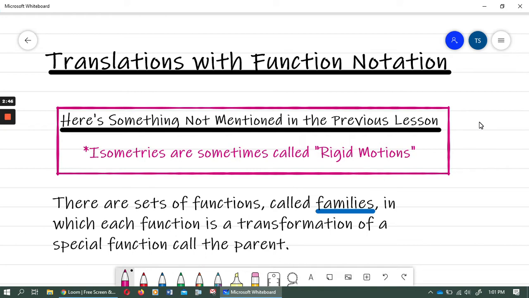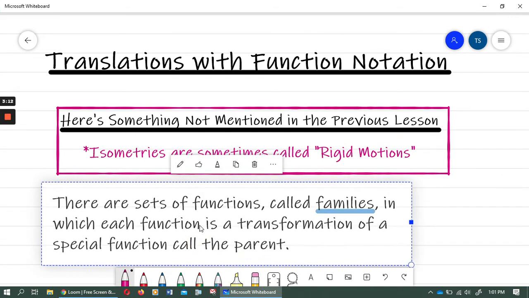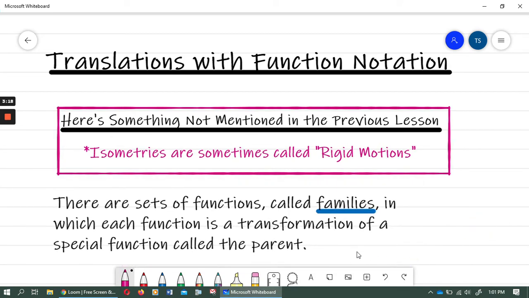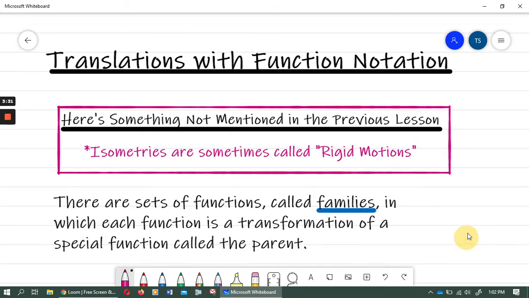And before we start getting into all of the function notation that's involved here, there are sets of functions called families in which each function is a transformation of a special function called the parent. So again, guys, that's a parent.